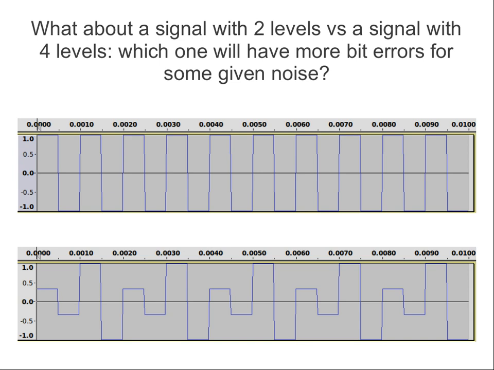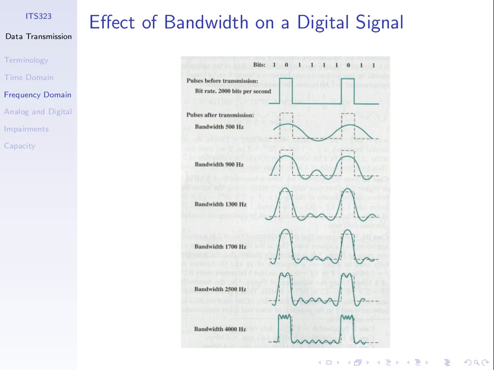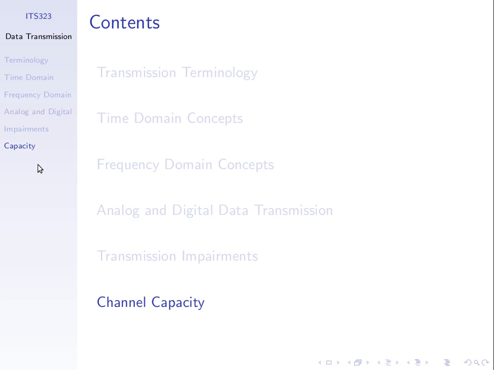It's important to understand that concept because it comes up in the last part of the lecture, which is about capacity. What we want to do now is finish up on this topic with a look at some theorems that relate data rate with other characteristics of our signal, in particular bandwidth.